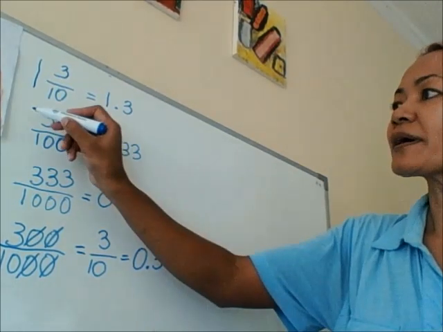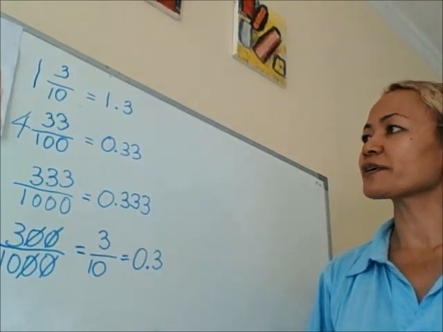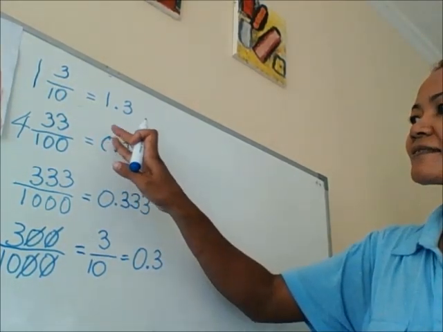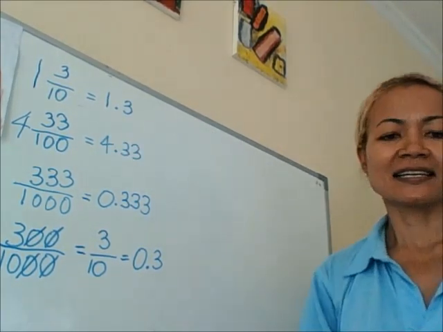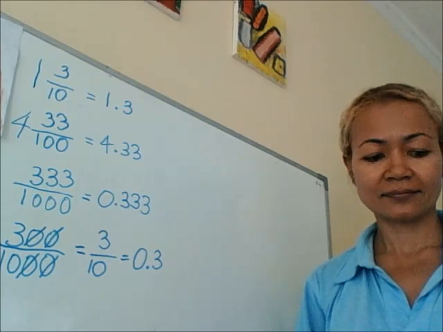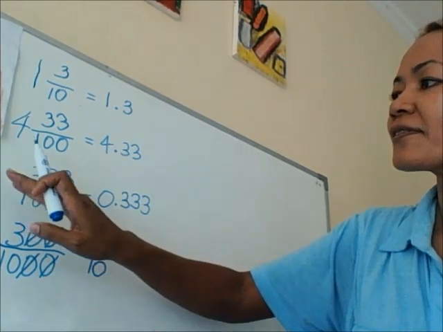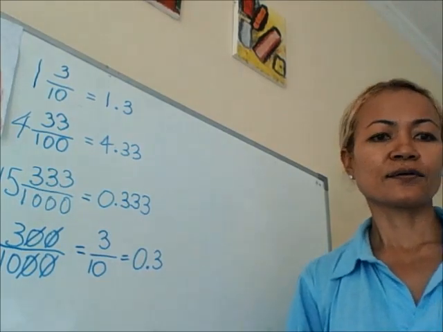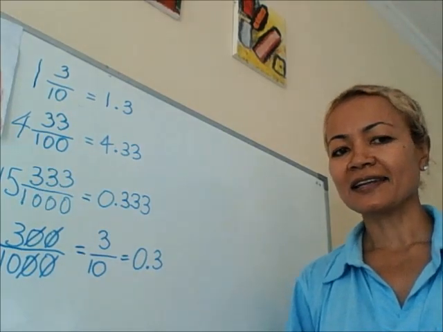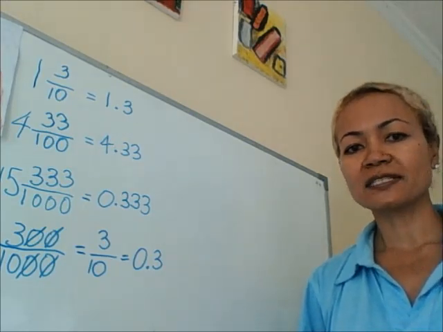Next one, what if you had 4 and 3 over 100? Well, all that does to the answer is that where the 0 is there, now you have the 4. What about the next one? What if you were to have, say, 15 and 333 thousandths.